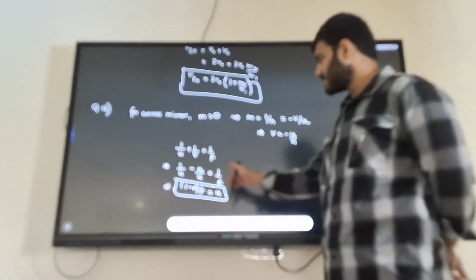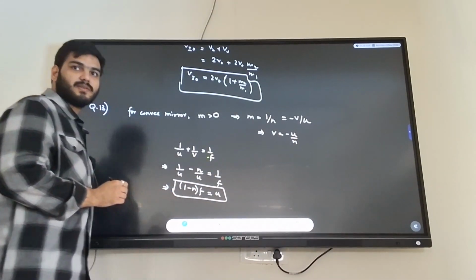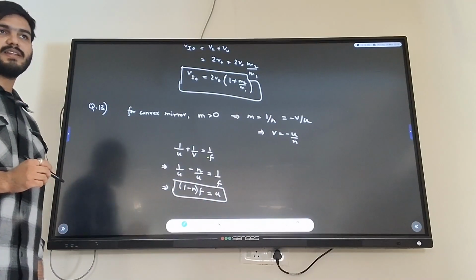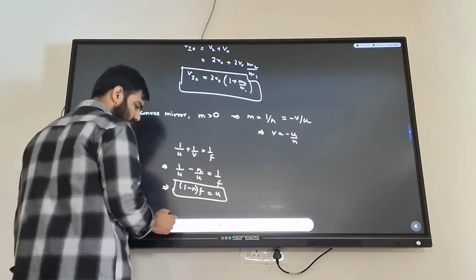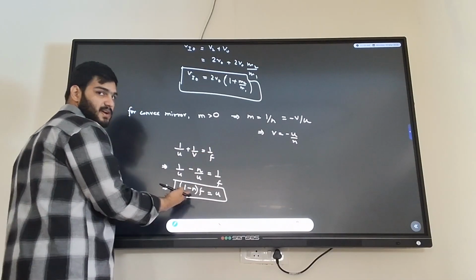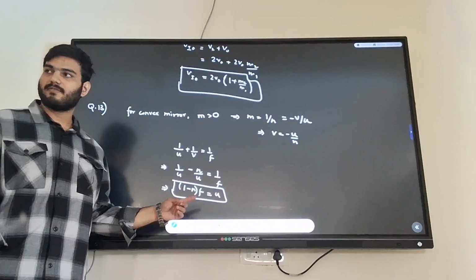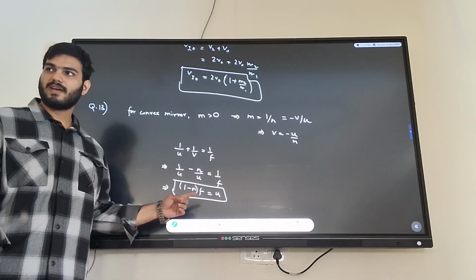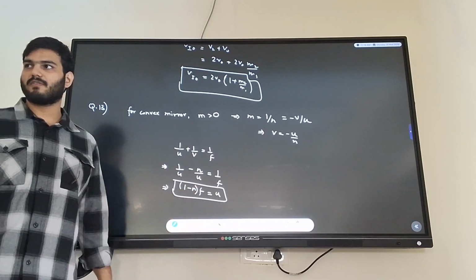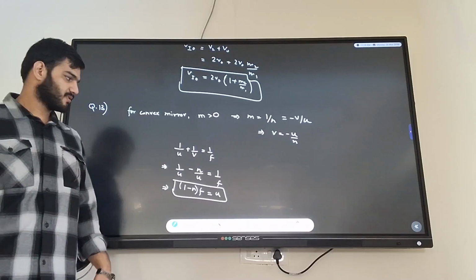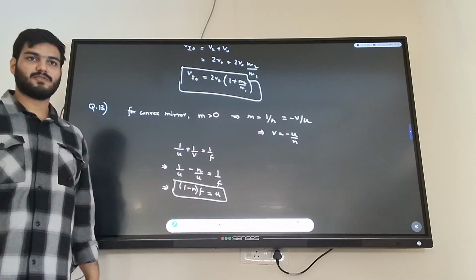By the way, I should have substituted f as minus, because for a convex mirror f is positive. Then it's all good, because this formula is giving me u as negative. n can be a number greater than one. If n is greater than 1, then this is going to be a negative value, and u is negative for convex, so this is all good. If you take the sign convention, you will get n minus 1 into f.